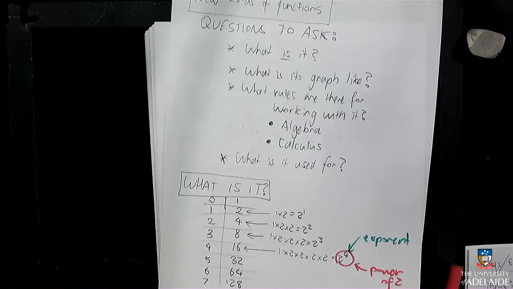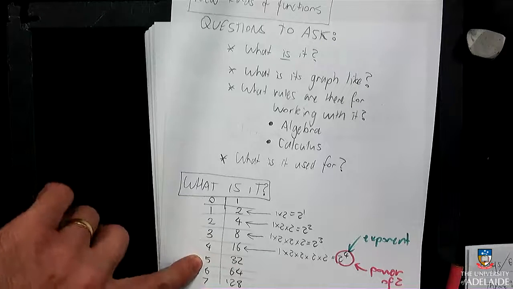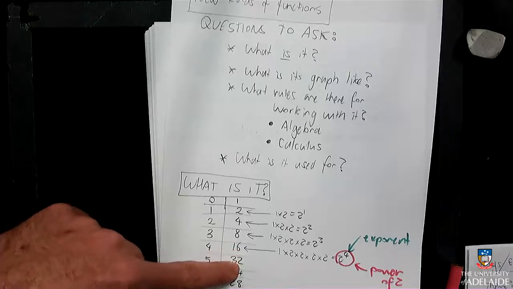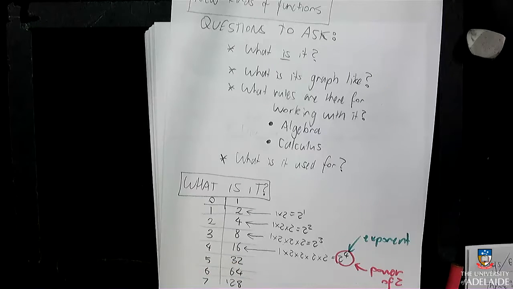So I need to figure out what number that's going to be. Going from 4 to 4.5 should multiply by a number, and then I should multiply by the same number to get to 32. So increasing by a half should be multiplying by two numbers that together, when they multiply together, give 2, which is the square root of 2.